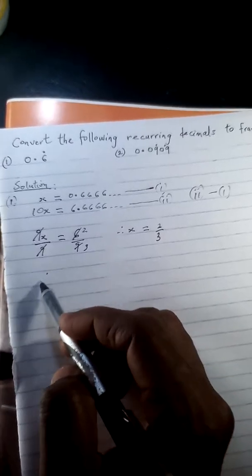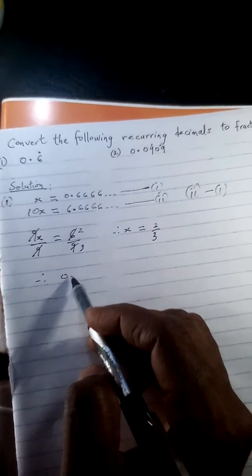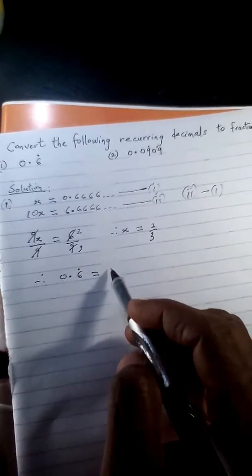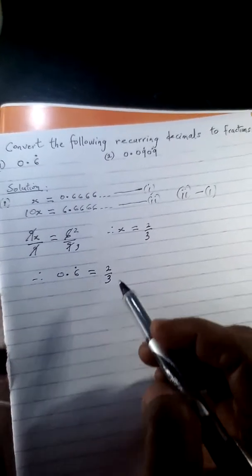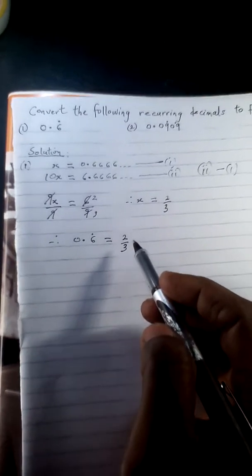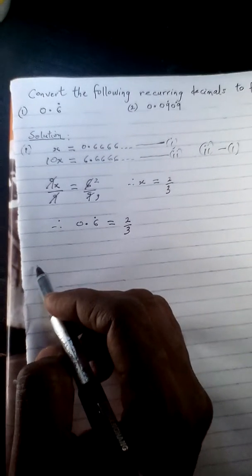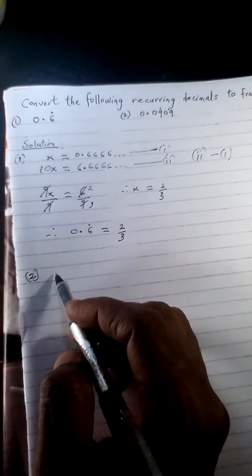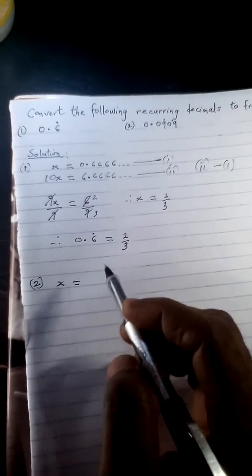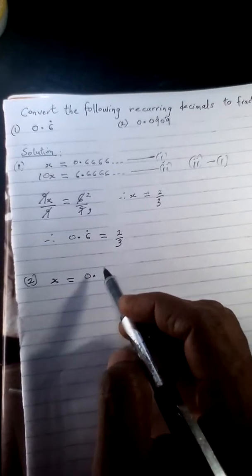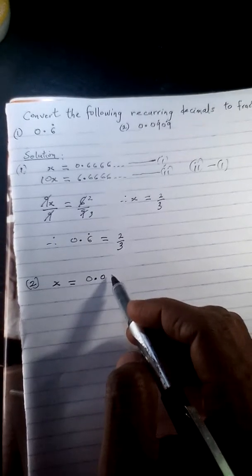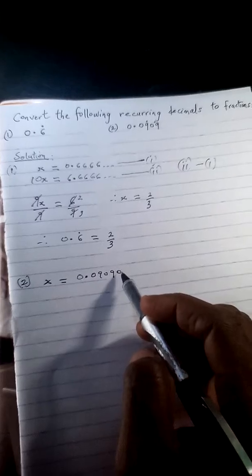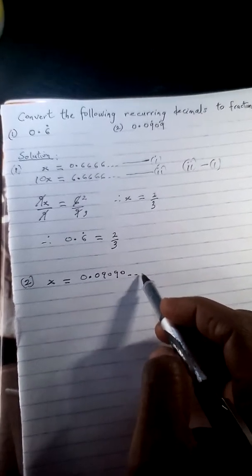So that means therefore 0.66666 will be equal to 2 all over 3. Let's take the second example, number 2. So you say let x is equal to 0.0909090, like that.